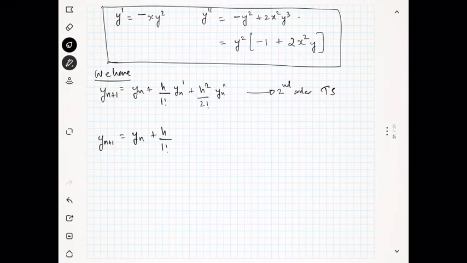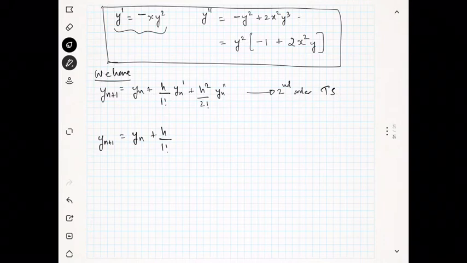You know what is y dash, right? It is nothing but minus x into y square. When we are going to calculate yn, we want yn, so we will put x equal to xn and y equal to yn, isn't it?